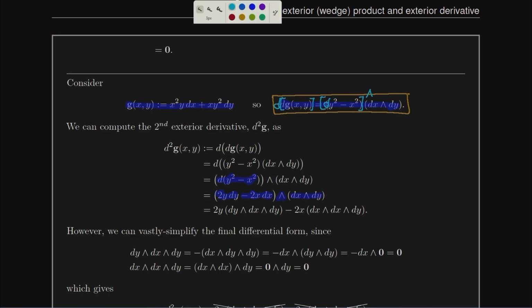Of course, what do we have here? We've got a dy wedge dx dy, but there's two y's in that differential, meaning dy wedge dy is 0 as always, and there's going to be two x's in this differential. Dx wedge dx is going to be 0 as always, and so we find out again that the second derivative of any differential form will be 0.